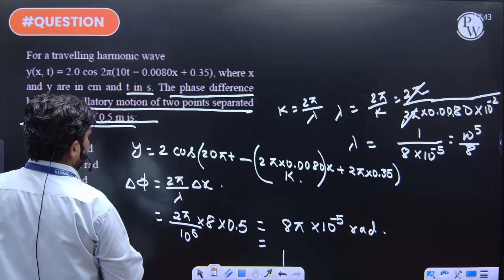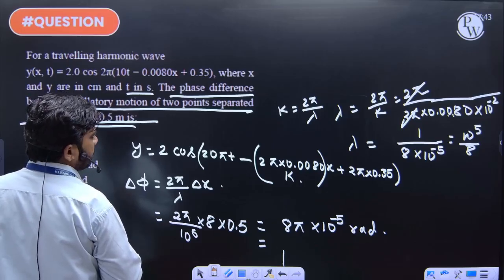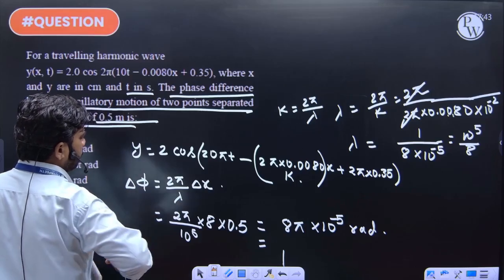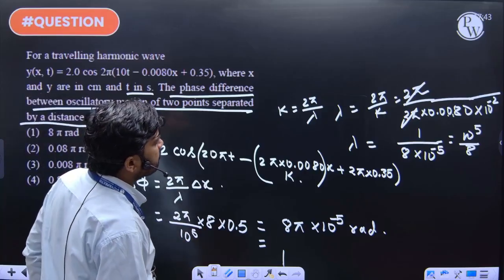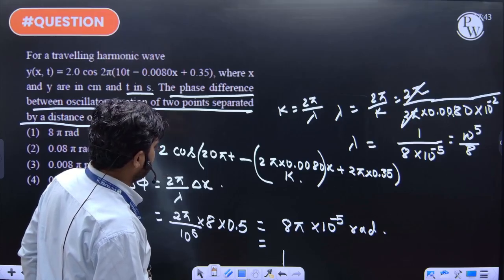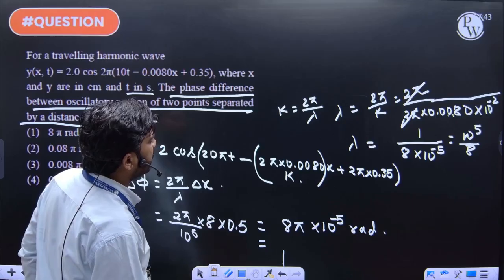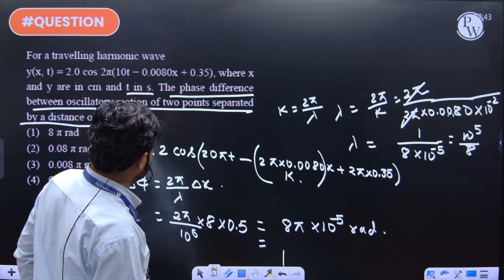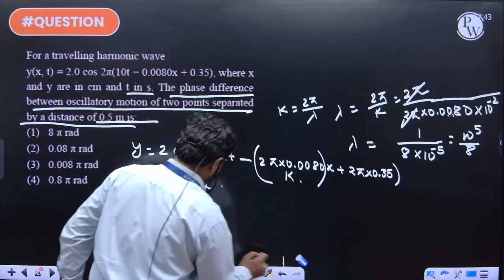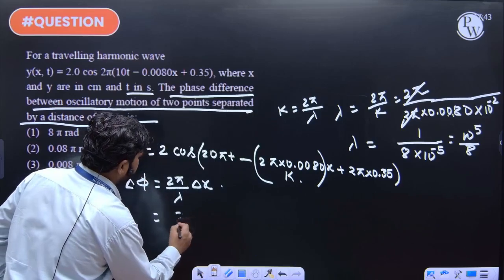X is in centimeter. 10 to the power 2. Did I make a mistake? Let's do it. Okay, so maybe some calculation mistake I have made, but the process is the same.